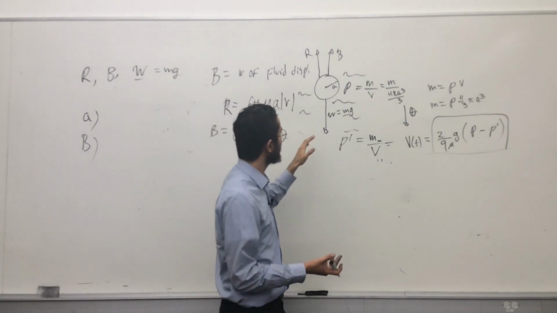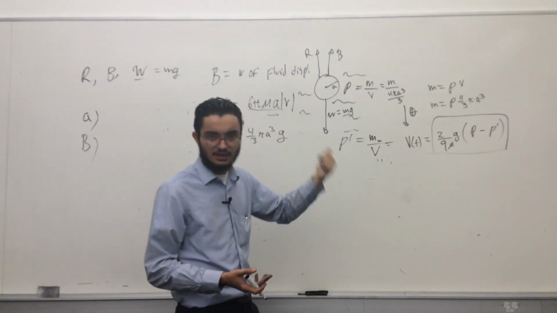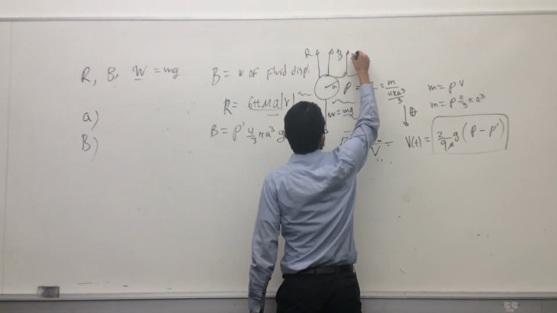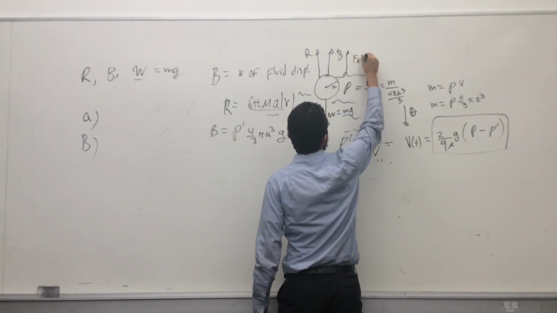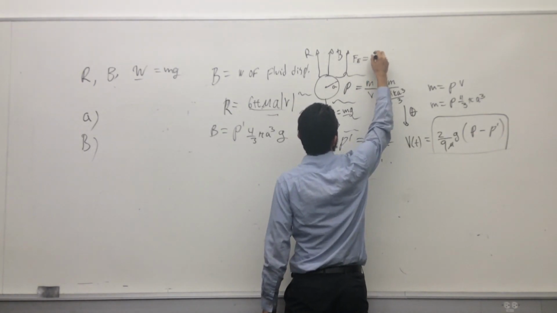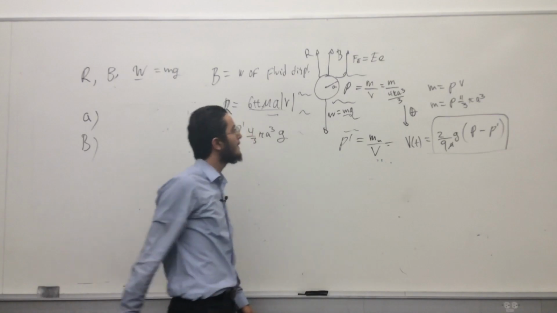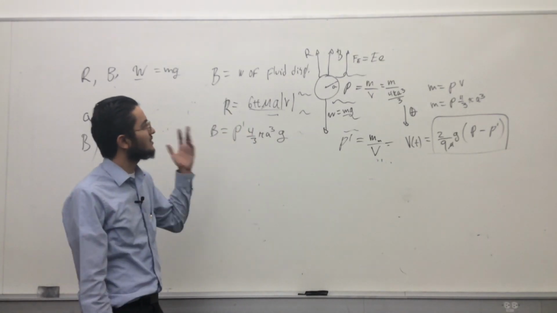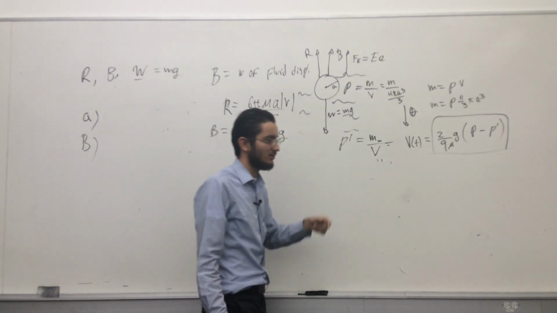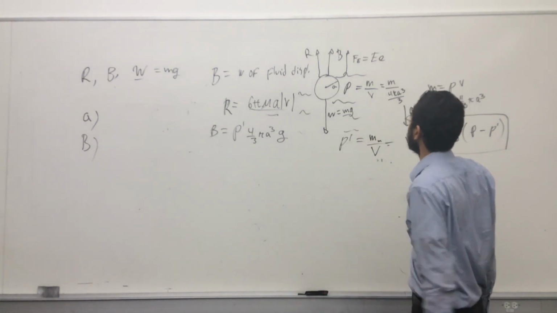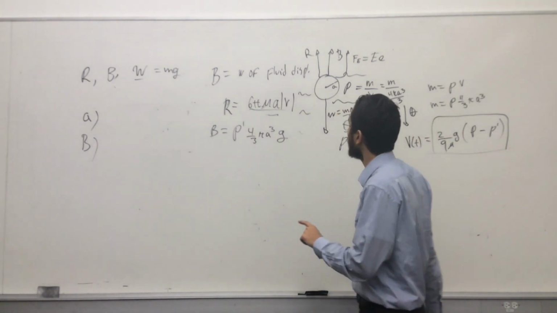So the electric force is going to be in the up direction, and it's going to be the electric field times the magnitude of the charge. If it's an electron, it's going to be the magnitude of the charge of the electron in coulombs. It doesn't matter, it's just algebraic for now.